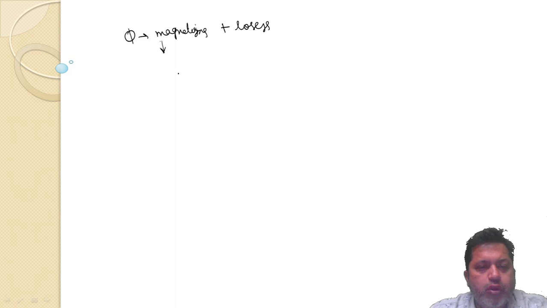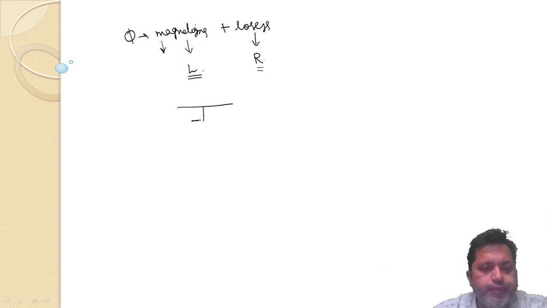How do you model this? Whenever I'm saying losses, these are heat losses. This is the real component, resistance. Magnetizing is inductive. So flux will produce an inductive effect as well as resistance. How do you take this into account? By drawing a parallel circuit with two parts.